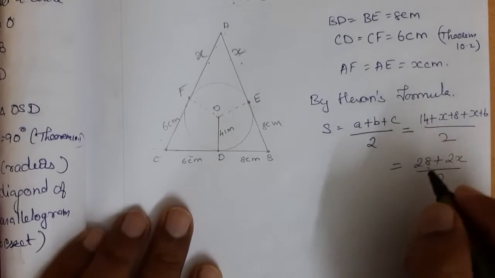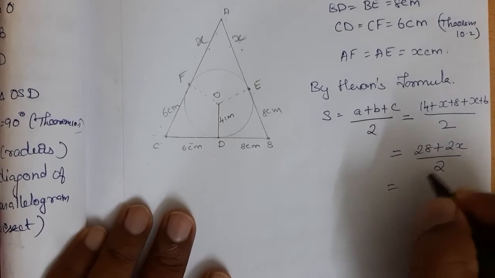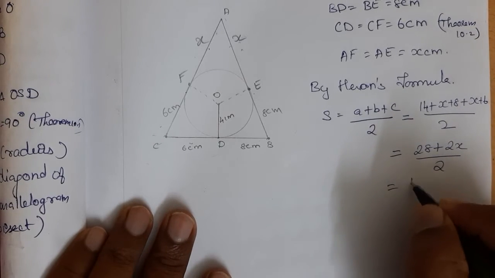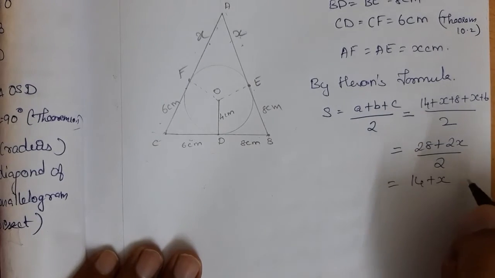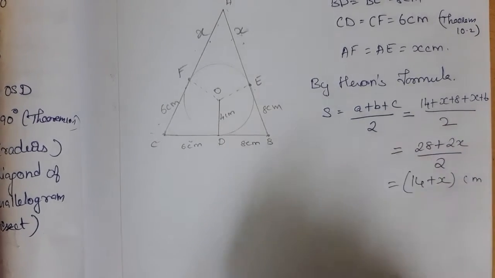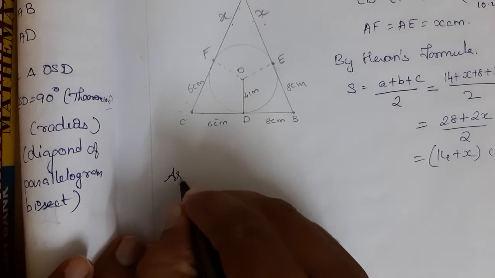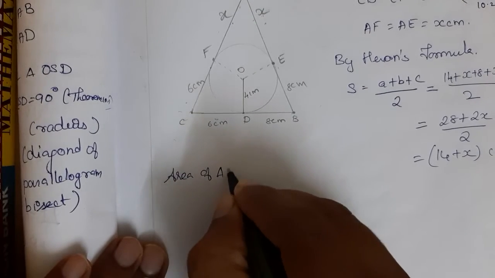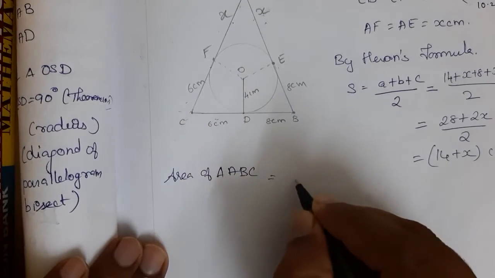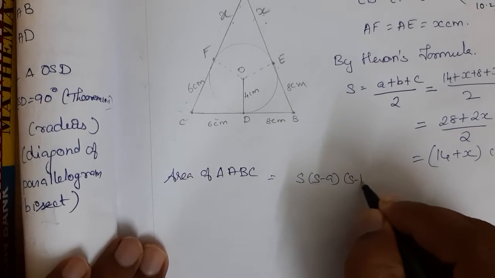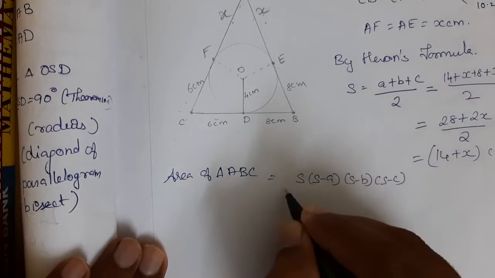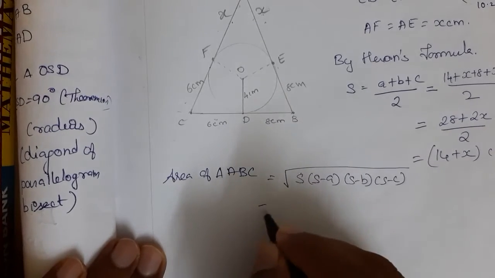If we divide each term by 2, we get 14 plus x centimeters, right? So the area of triangle ABC is equal to square root of s into s minus a into s minus b into s minus c, right? So we know what s is.